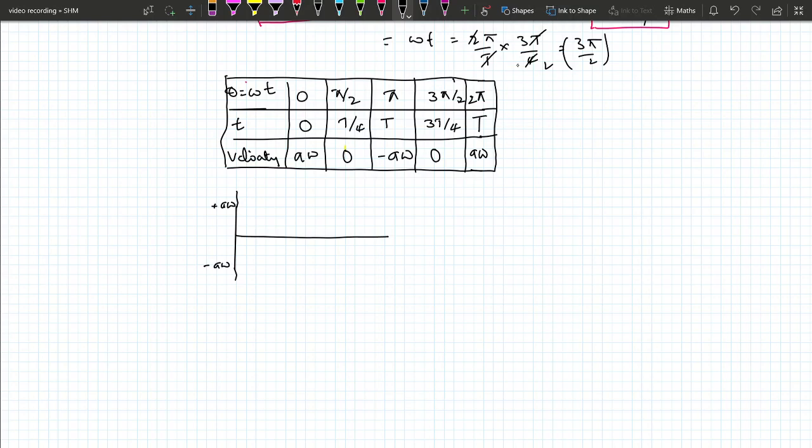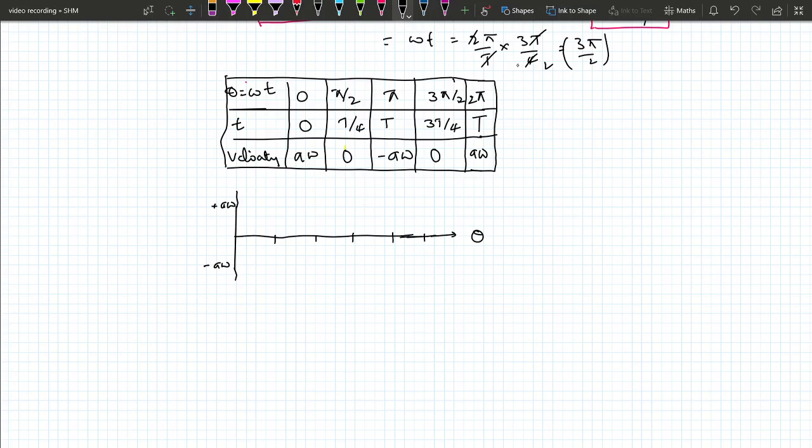I have 1, 2, 3, 4 divisions. Okay, so this is theta.